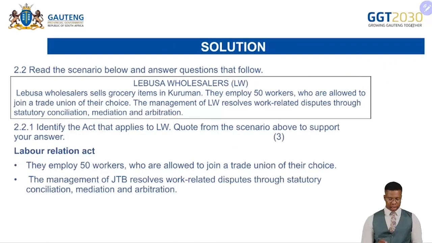And then the answer here was supposed to be labor relations, because now they employ 50 workers who are allowed to join a trade union of their choice. And another one is that they have now resolved work-related disputes through the statutory mediation and arbitration. Then you get 3 marks for that.